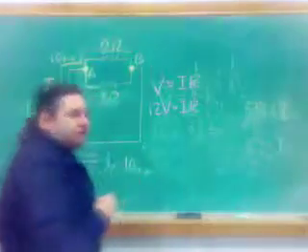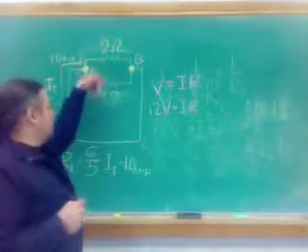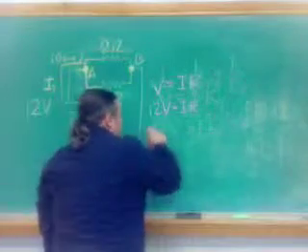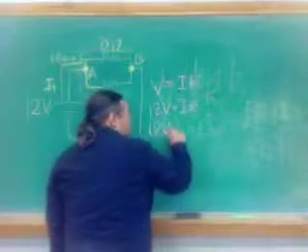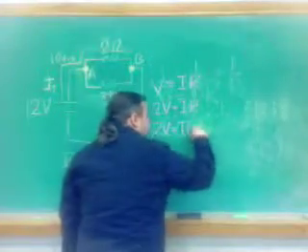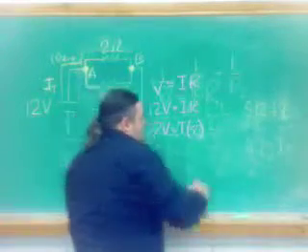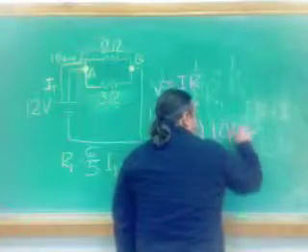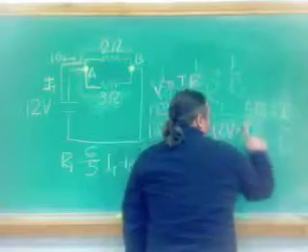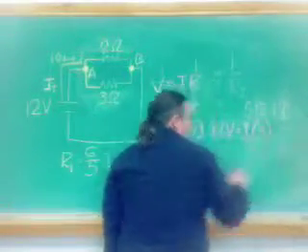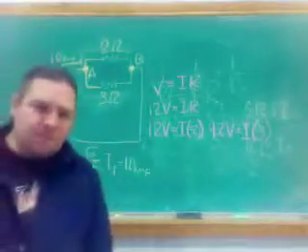Well, the resistance I do know. In one case it's 2 and in the other case it's 3. So I'm going to split the problem up right here. 12 volts is equal to I times 2 and 12 volts is equal to I times 3. Okay?